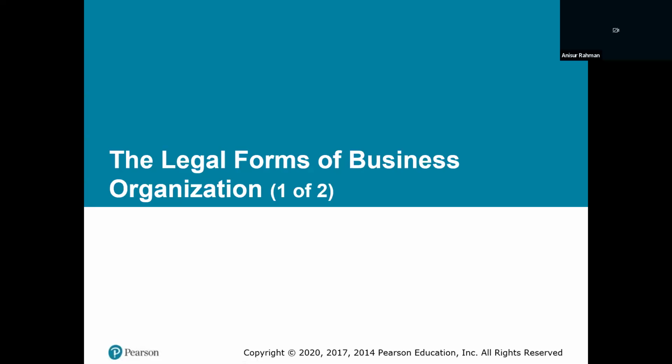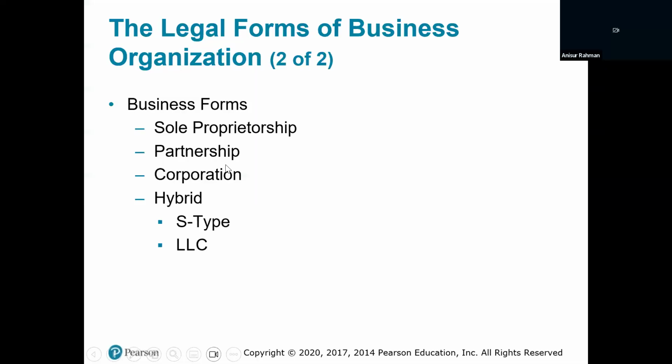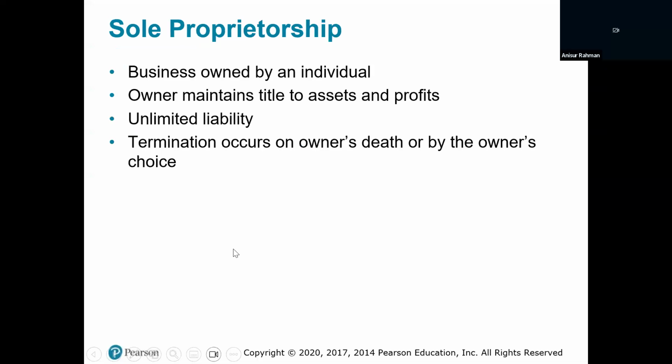Now, another very, very important area for you to focus on is different types of business organizations, different legal forms of business organizations and their advantages and disadvantages. For example, sole proprietorship, partnership, corporation, and within hybrid, you have S-type and LLC. So review these concepts.